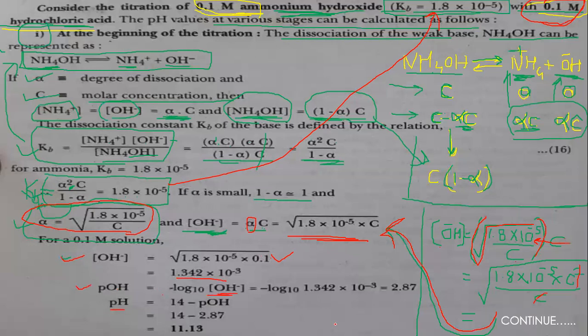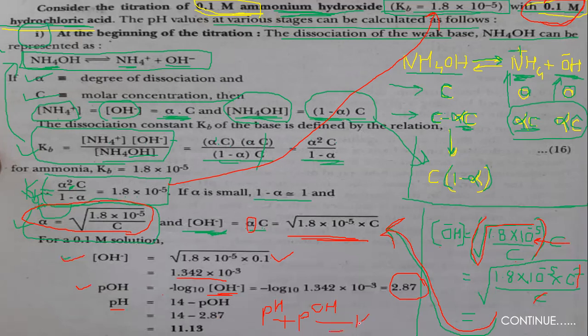And you know the equation: pH plus pOH is equal to 14. I think in the third or fourth slide we saw this in the previous lecture, in this topic.